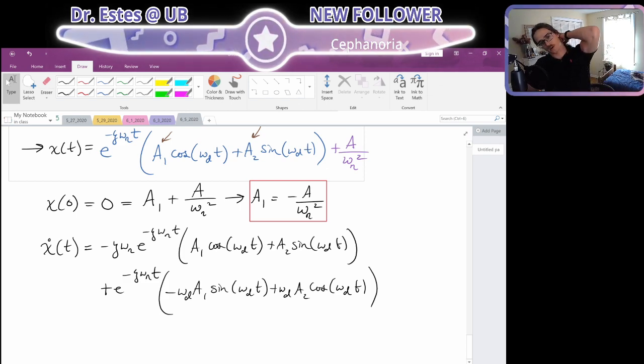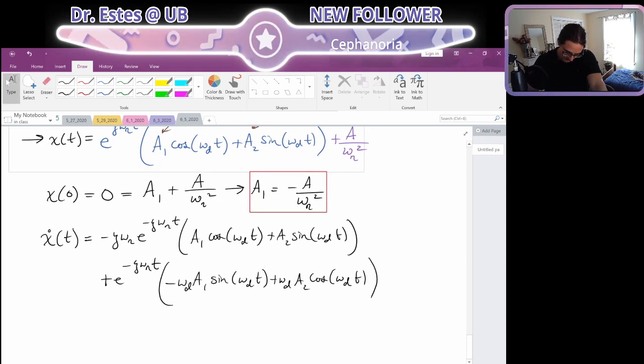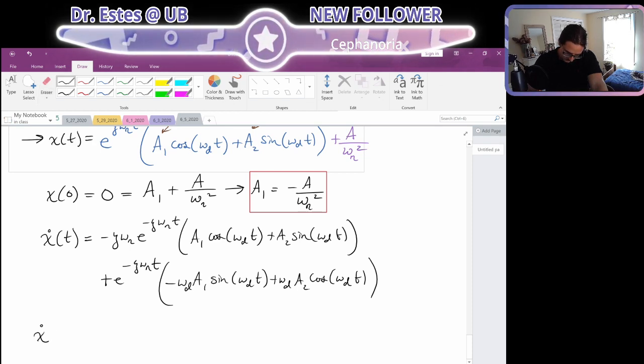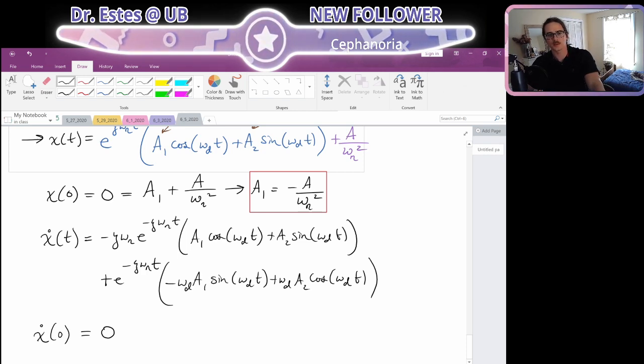Whenever I get to that part, I just feel tired knowing that it's coming up, taking the derivative of that ridiculous function. Okay, so we're saying that equals 0.